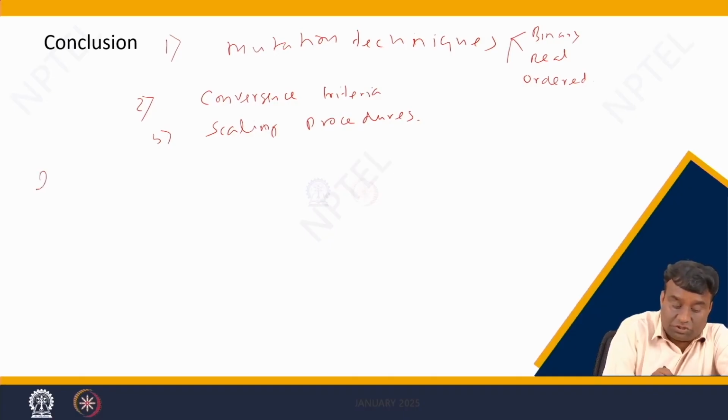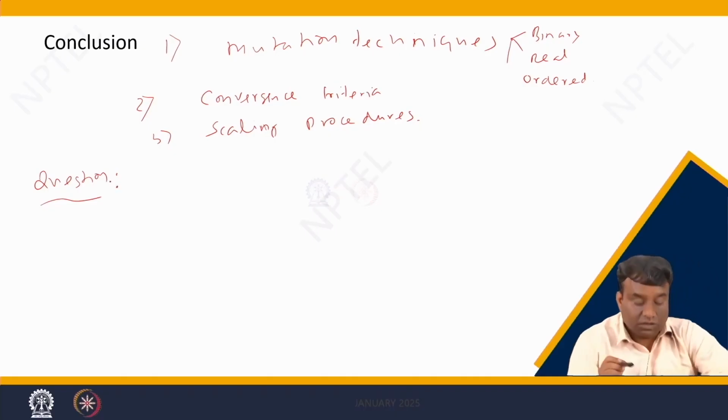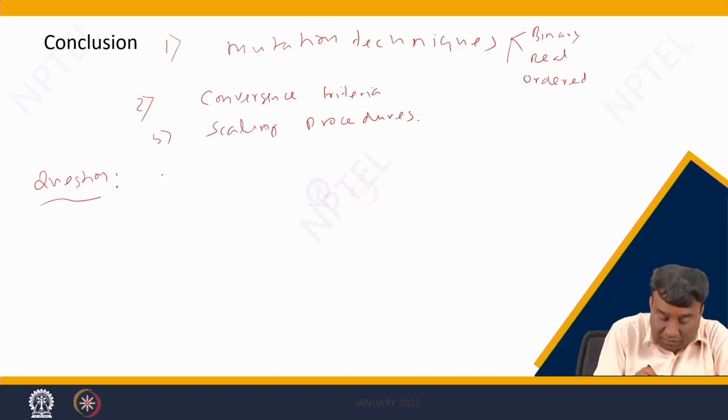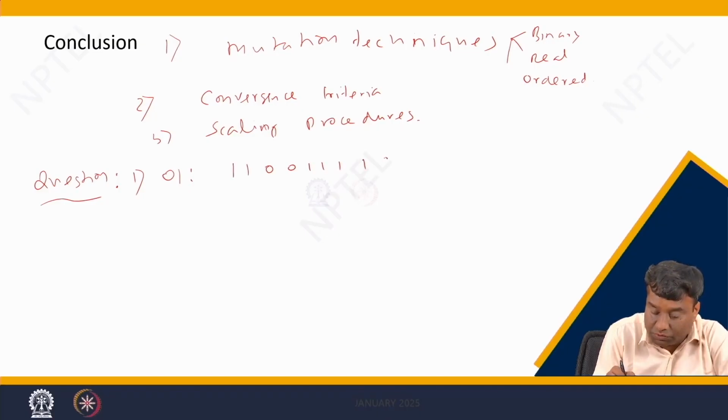So the questions for today's class are these. Question number 1: consider offspring O1 in binary code genetic algorithm, 1 0 0 1 1 1 0 0.